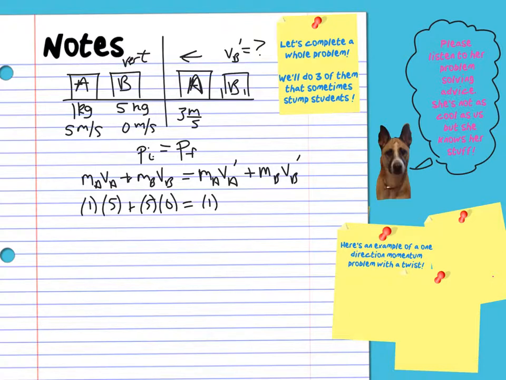And the velocity of A, here's where the stumper is. It's going backwards, to the left, so it's going to be negative. So we want to put a -3 in there. Plus 5 times VB prime, which is what we're solving for.